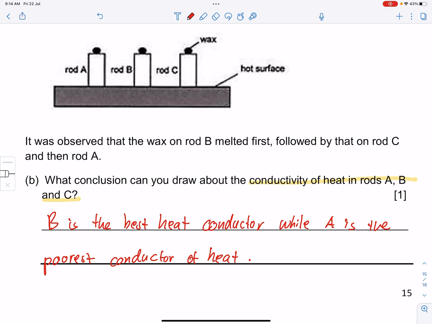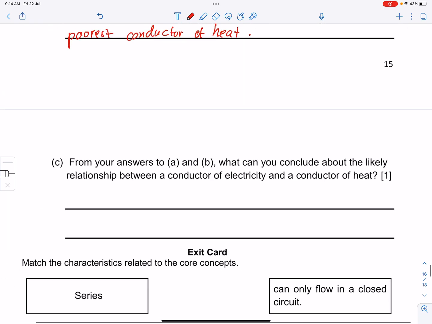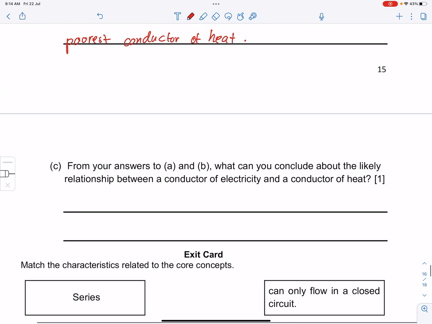Now, the last question is the one that many people did wrongly. You talk about increasing conductivity. No, you cannot say this. Some of you actually said something like, the better the conductor of electricity, the better it would be a heat conductor. How do you know?